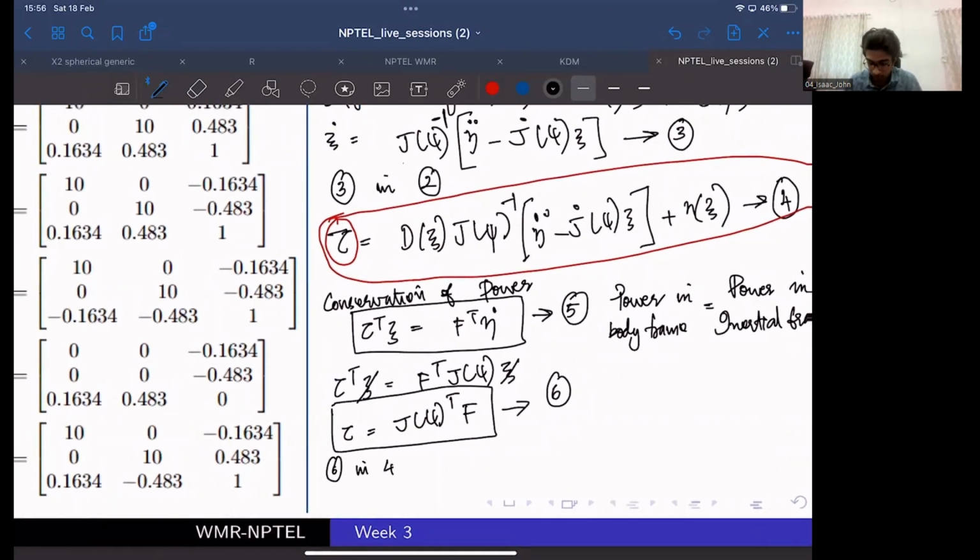Substituting 6 in 4 makes equation 4: J of psi transpose F equals D of zeta times J of psi inverse eta double dot minus J dot of psi zeta plus n of zeta.